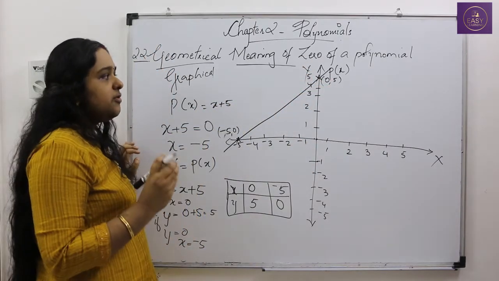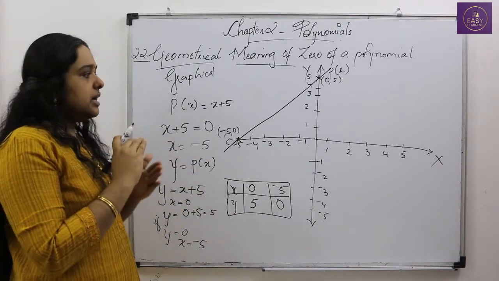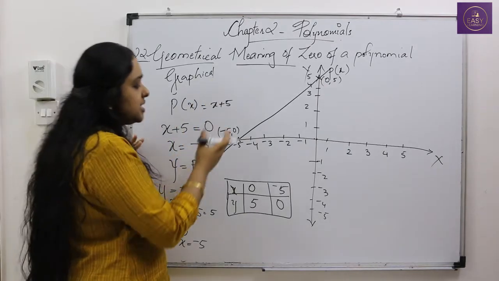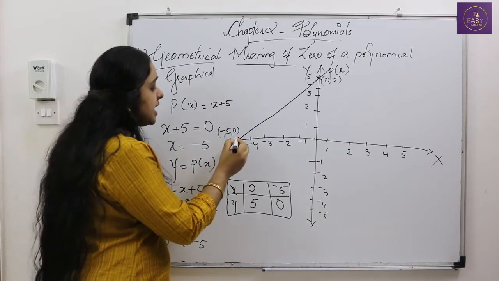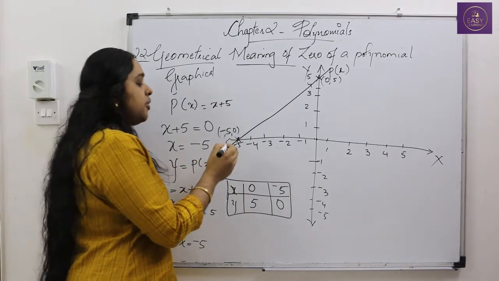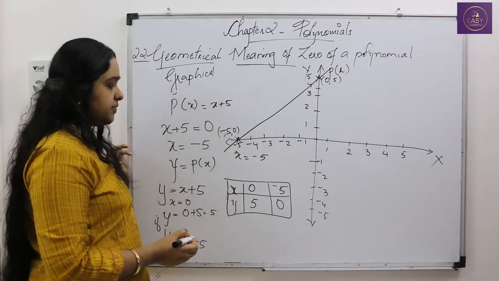So what do we have to understand? We have to identify the point at which our line cuts the x-axis. Our line cuts the x-axis at x equals minus 5. So zero of this polynomial is x equals minus 5.